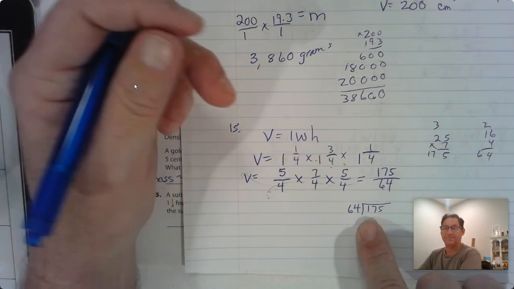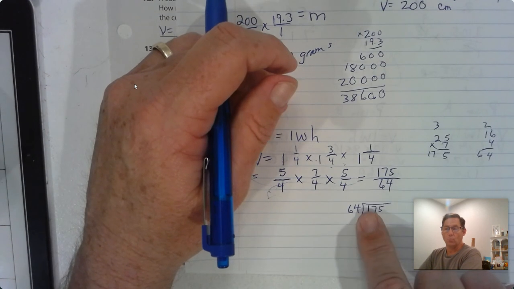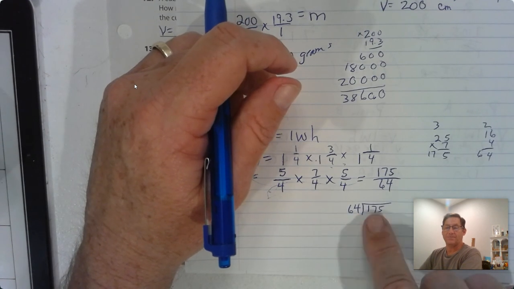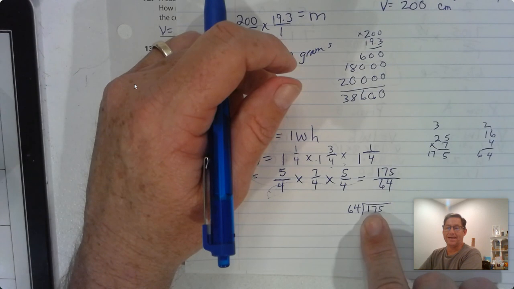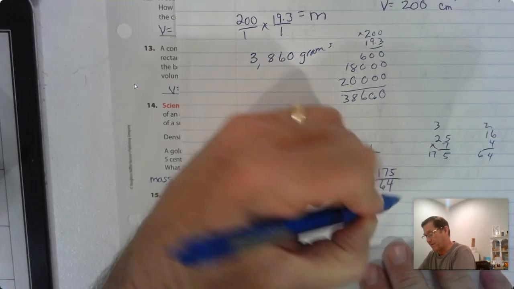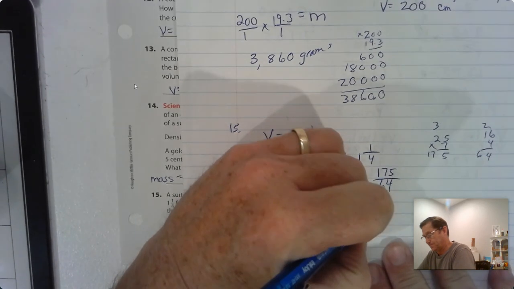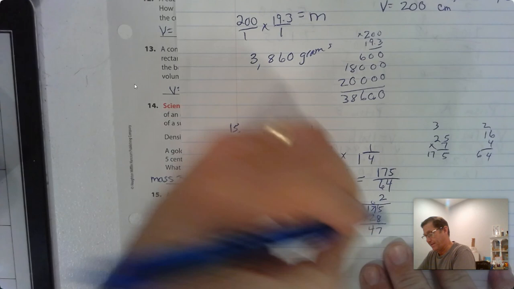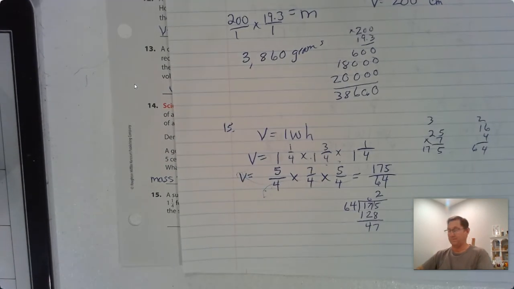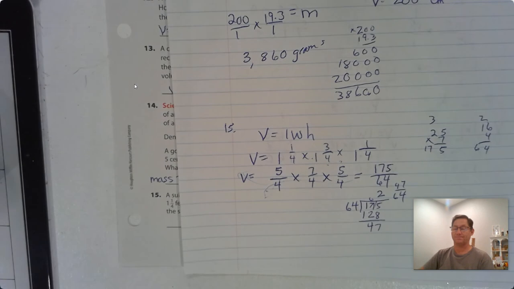I can't take any 64s from 1 or 17, but I can take 64 from 175. I'm going to try 2. And it leaves me a remainder of 47. So 2 and 47 64ths.